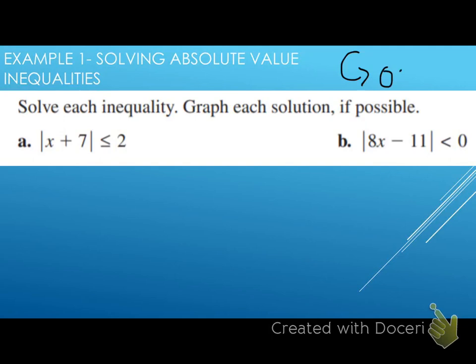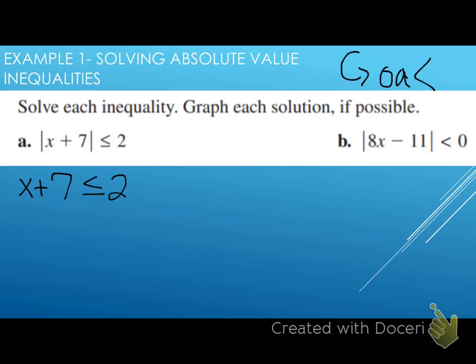If I were you guys, I would always write GOAL at the top of my paper. Even when we get to the test, write GOAL at the top of your paper. So, I'm setting up my two inequalities. What's the first inequality going to look like here? X plus 7 less than or equal to 2.